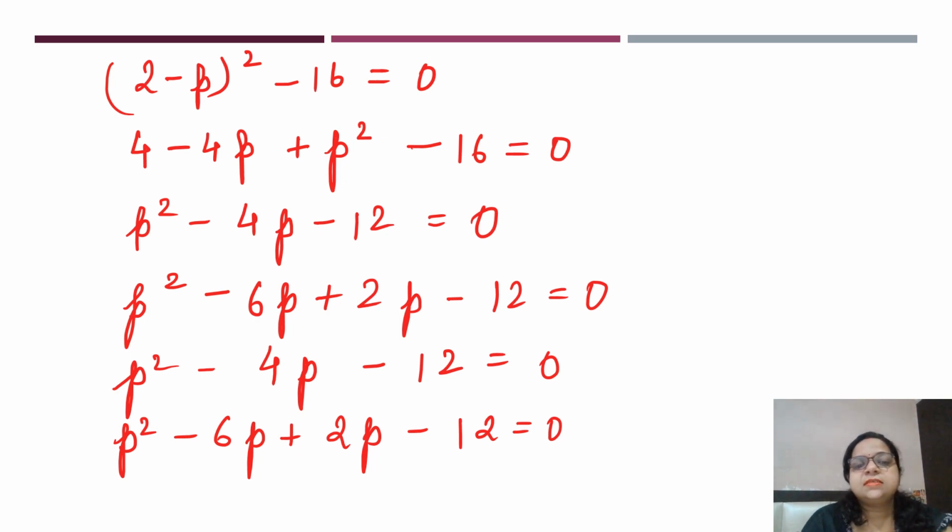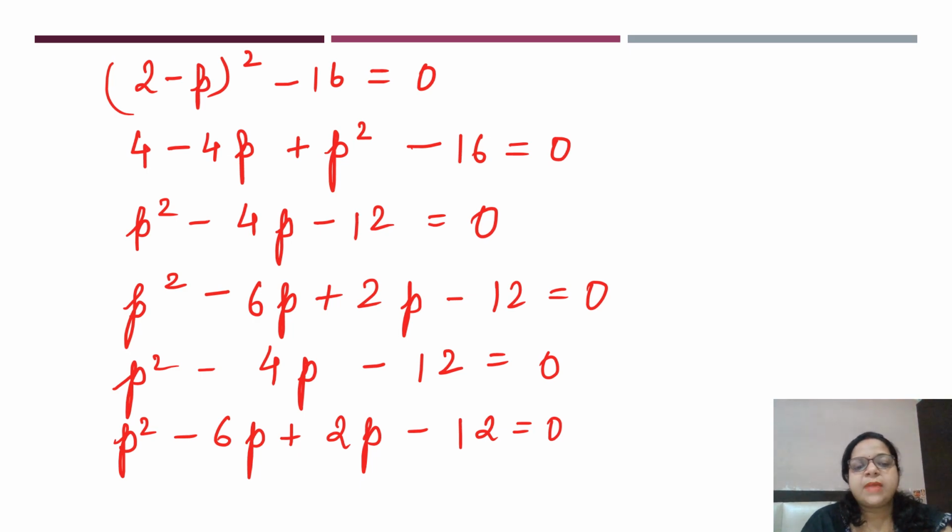If we have to factorize the equation, we take minus 6 and plus 2. If we multiply minus 6 and plus 2, we get minus 12, and if we add minus 6 and plus 2, we get minus 4. So p square minus 6p plus 2p minus 12 is equal to 0.